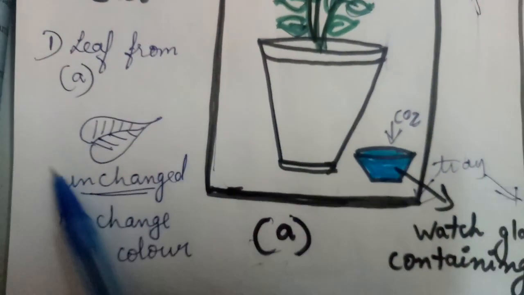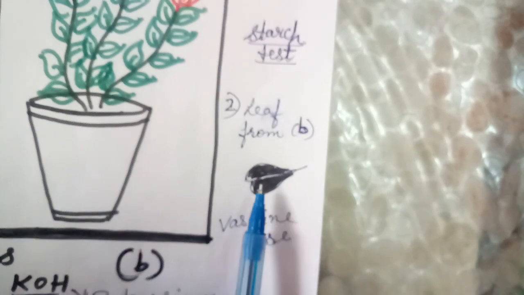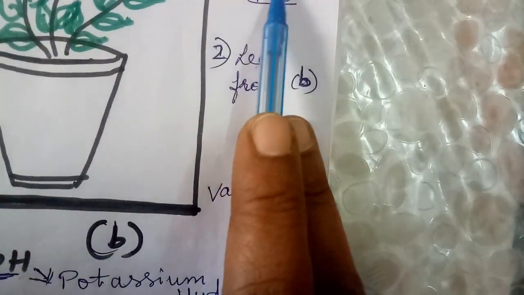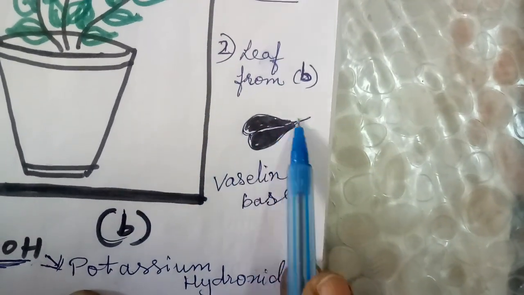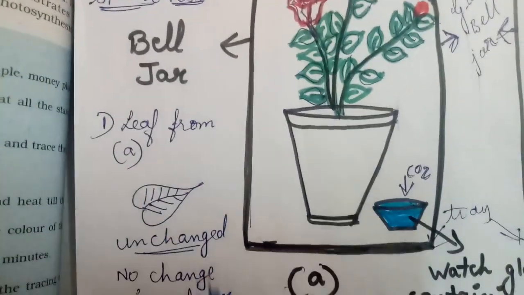There is no change in the color, whereas the leaf from potted plant B has turned bluish black in color for the starch test. It has turned bluish black, whereas the leaf from potted plant A remains unchanged.